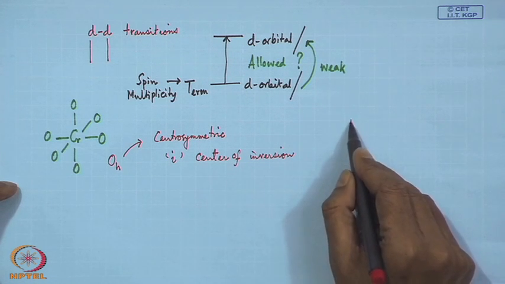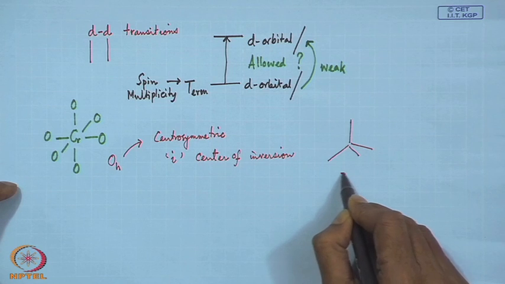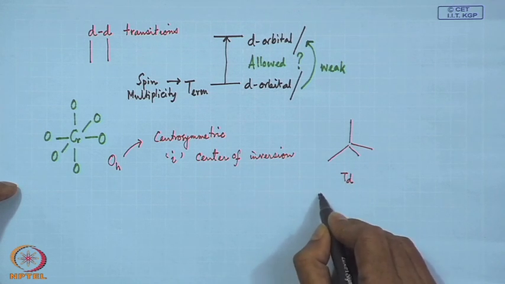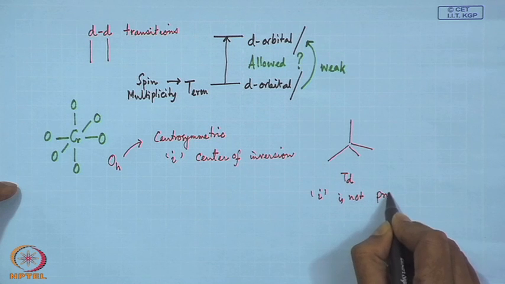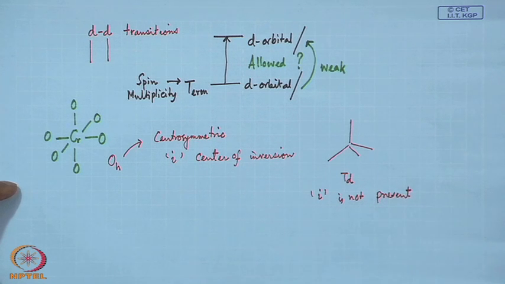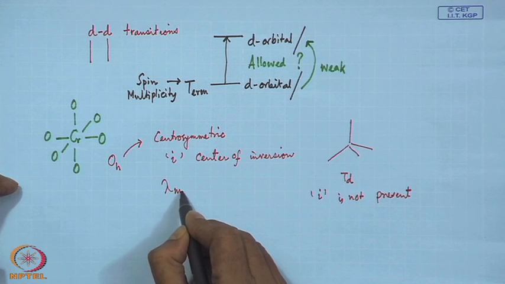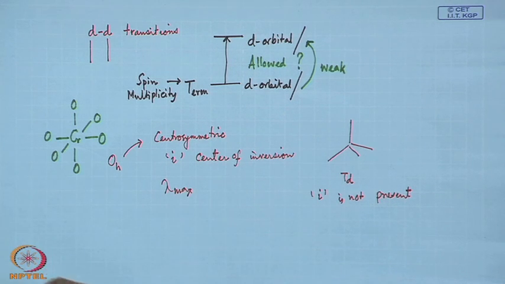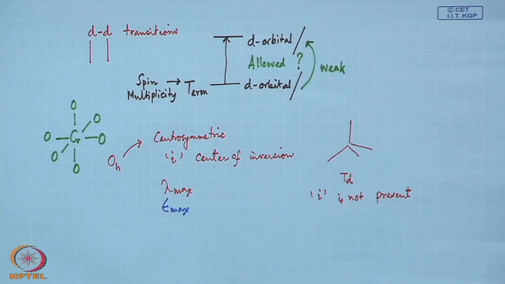But if we go for another geometry, a tetrahedral geometry where inversion center is not present, we see that the corresponding lambda max values and the corresponding intensity that we measure are different.